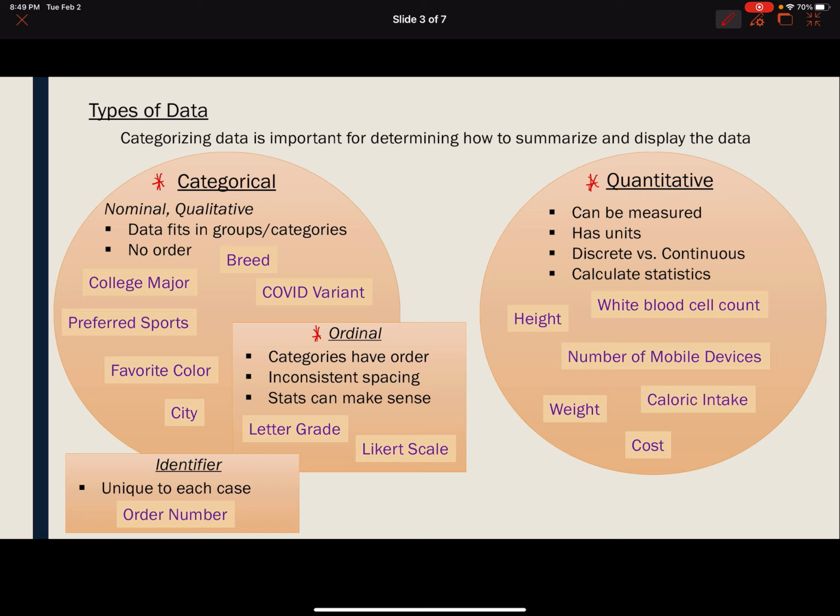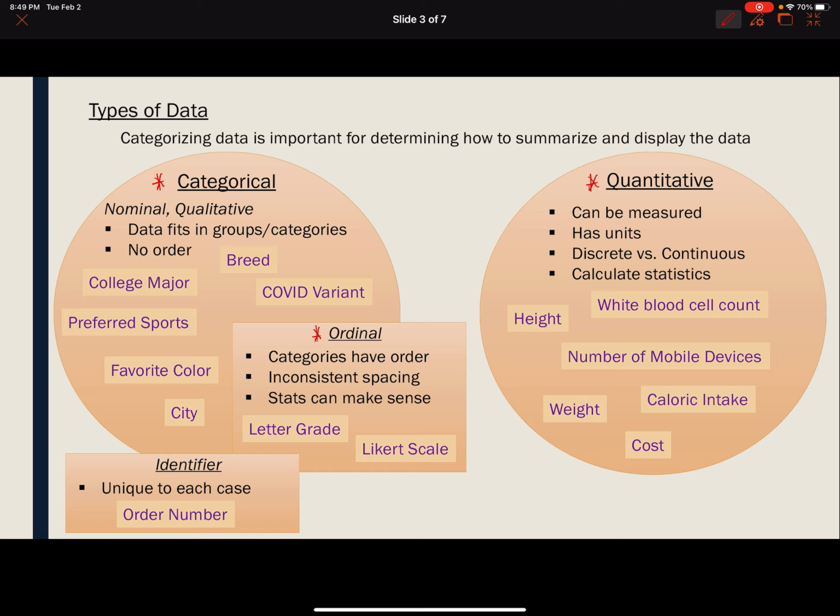So there are categories, A, B, C, D, F, but an A is better than a B, is better than a C. So those categories still have order. Another example of an ordinal variable is a Likert scale, which you've seen these a lot actually. It's something like satisfied, very satisfied, dissatisfied, very dissatisfied. That would be a Likert scale.